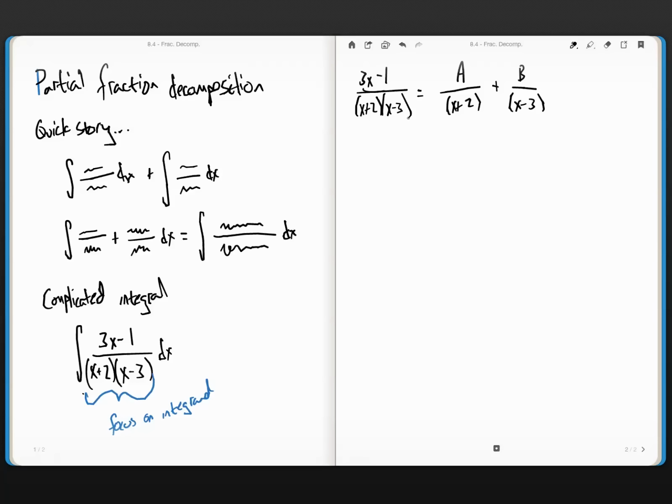All right, well, fractions are a bit of a hassle, so I'm going to multiply through by the lowest common denominator.